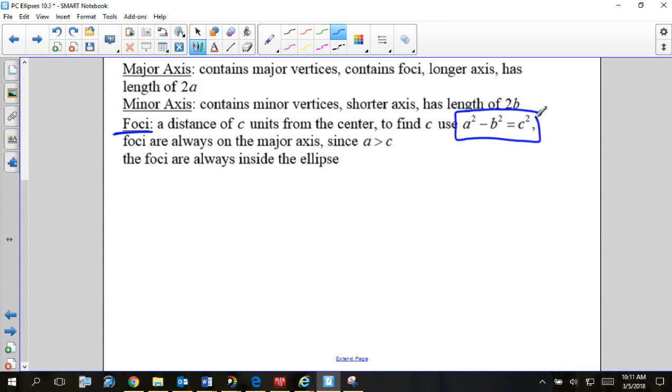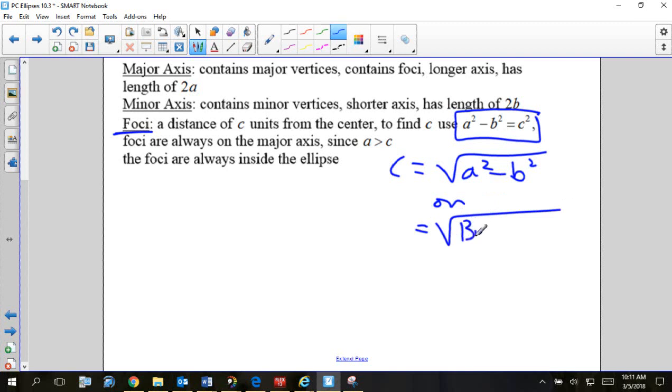And then you square root it. When you square root that, you'll get your C value, which gives you the location for the foci. And the foci are always on the major axis.